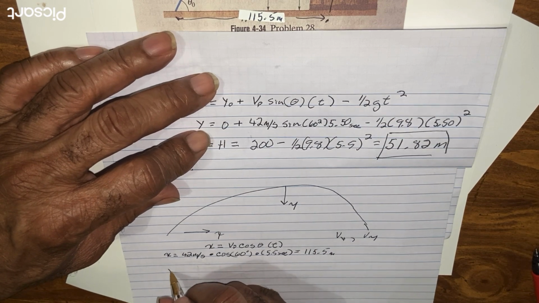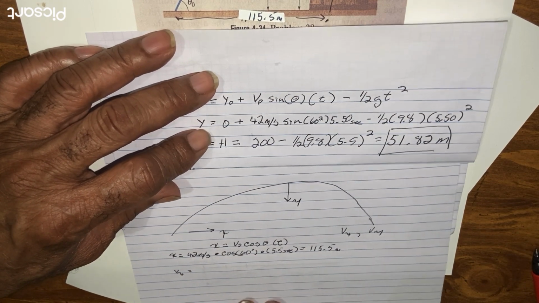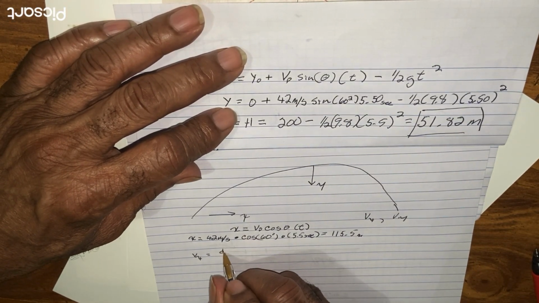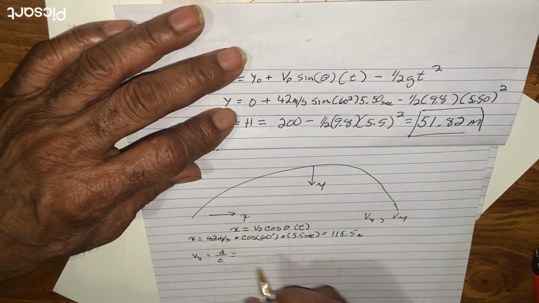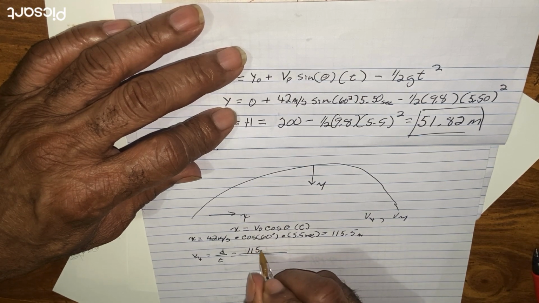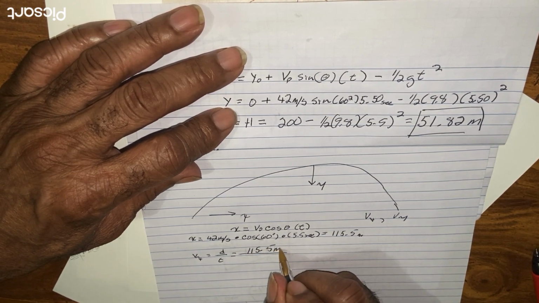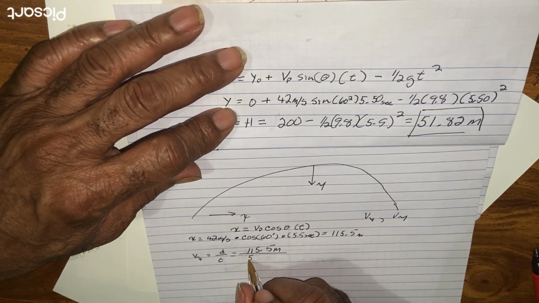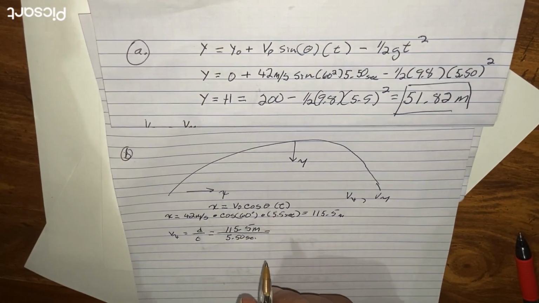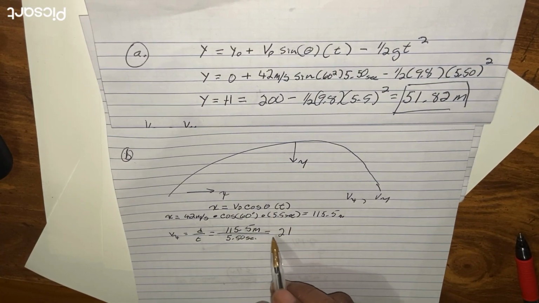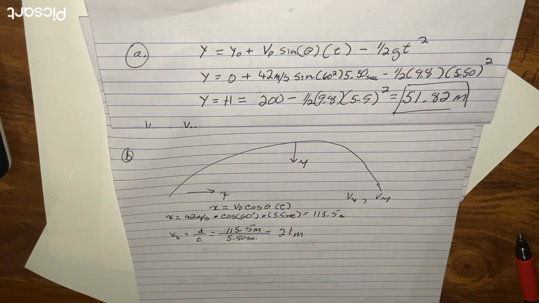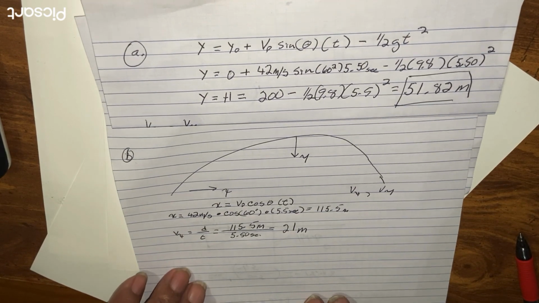So v of x, the velocity for that, is going to equal d divided by t, distance divided by t, which is 115.5 meters divided by 5.50 seconds, and that's going to equal 21 meters per second. Okay, so that's the v of x component.